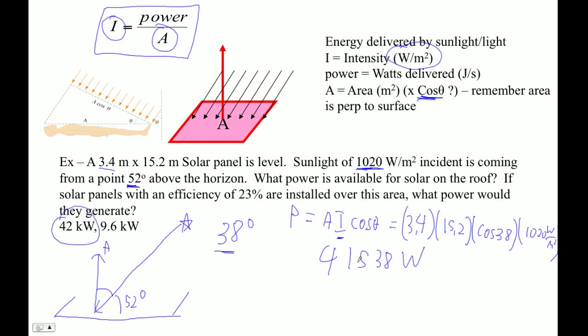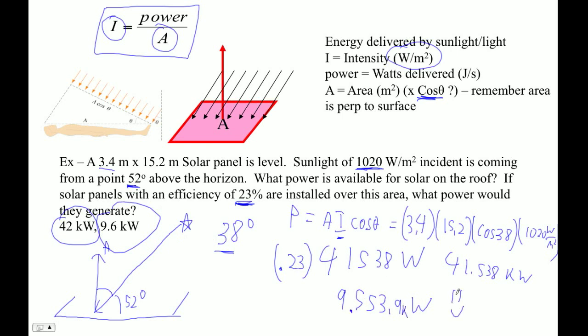That's pretty much 42 kilowatts, 41.538 kilowatts of power, right? And then if the solar panels are 23% efficient, then we're going to get 23% of that. So I'm going to multiply by 0.23, and I get 9,553.9 watts, which I guess would be 9.6 kilowatts.